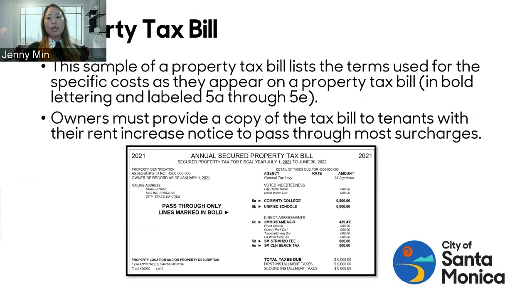So this is a sample of the property tax that lists the terms used for the specific costs as they appear. So if you could, I don't know if you guys will be able to read, but there's 5 taxes that can be passed to the tenants. And the 5 are the community college bond, the unified school bond, the school district parcel tax.